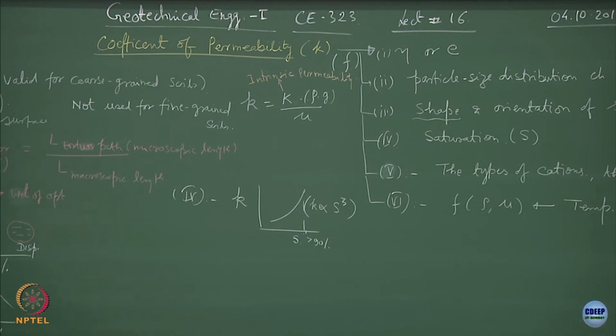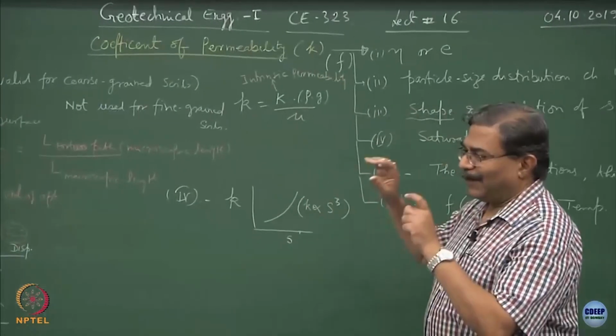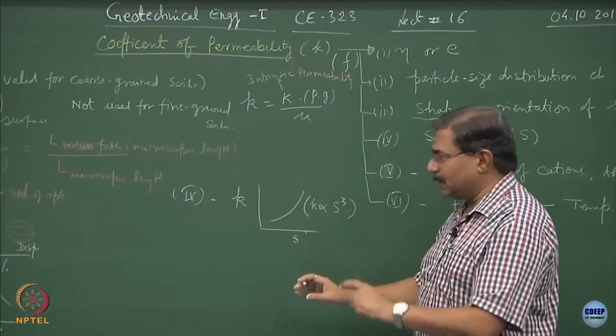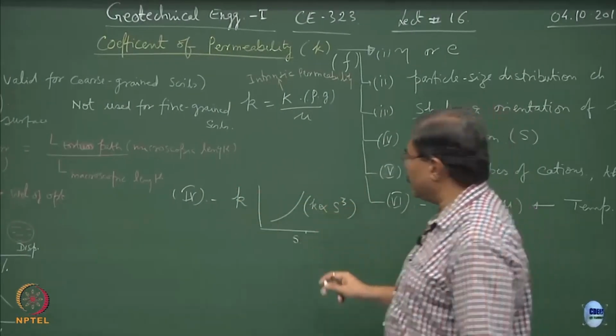So, normally this is a cubic relationship. Those of you who might get a chance to work in all these petroleum companies, Schlumberger and what not, Shell, you will be using throughout your life this type of a relationship, because soils are not going to be saturated always. Why? Because you have a lot of methane, a lot of gases trapped in the sediments, clear. So, this is a relationship which you are going to use.